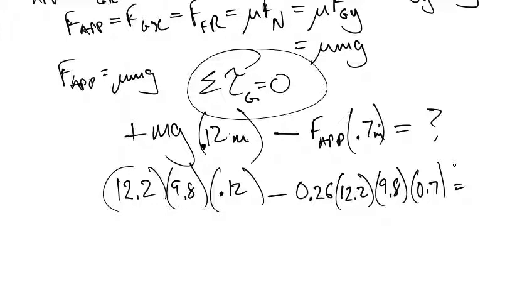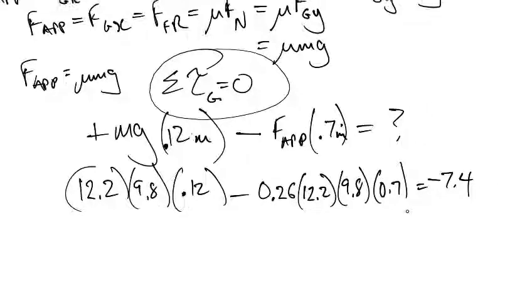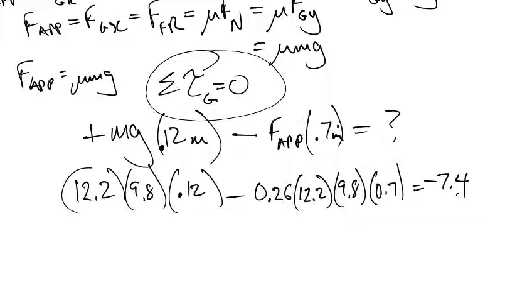Let's go 12.2, enter 9.8 times 0.12 times, and then we go 0.26, enter 12.2 times, 9.8 times, 0.7 times, minus. And we get an answer of negative 7.4. Question, negative 7.4. Now, by the way, that's going to be a torque, so it's going to be Newton meters.